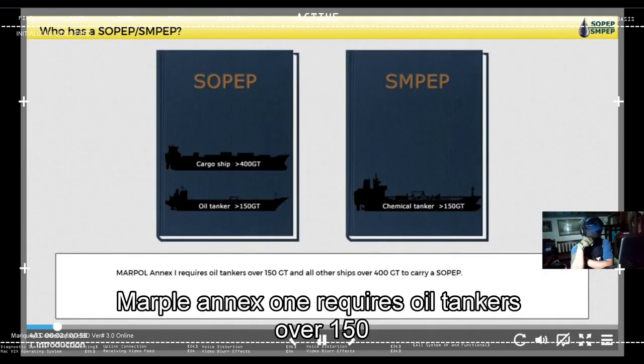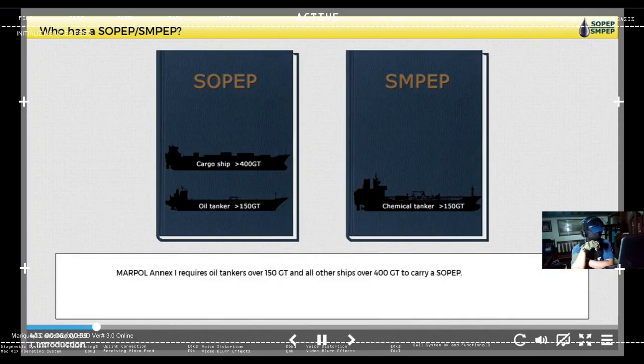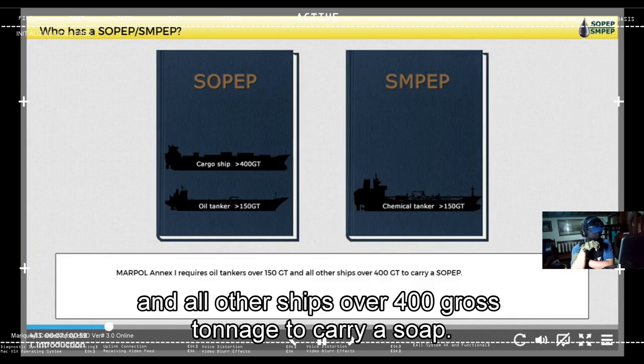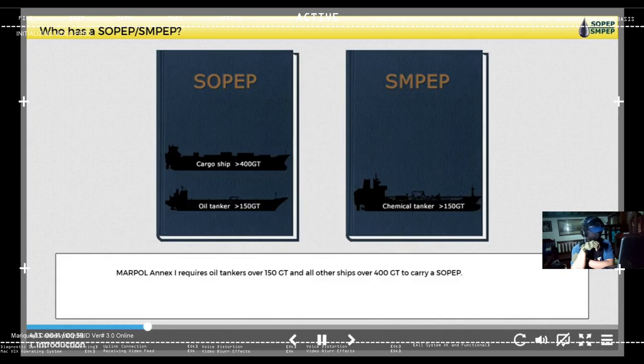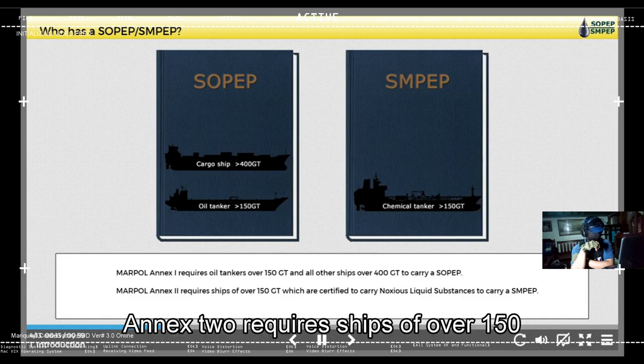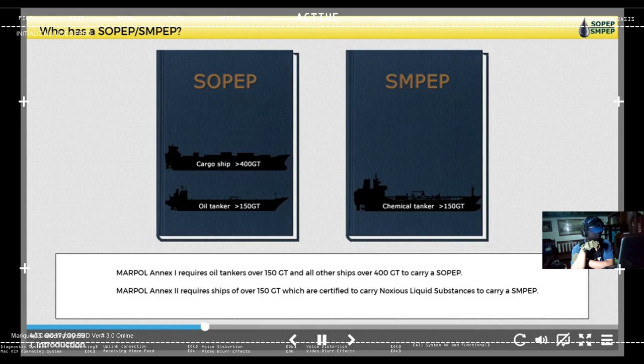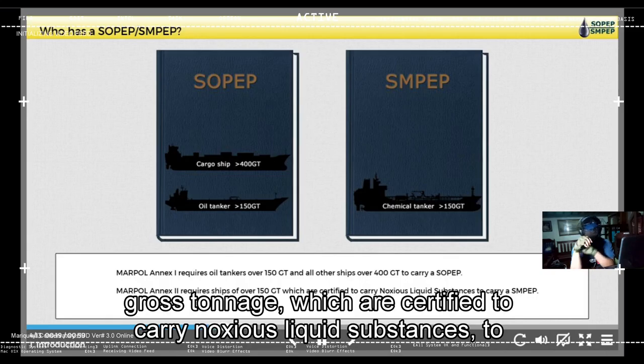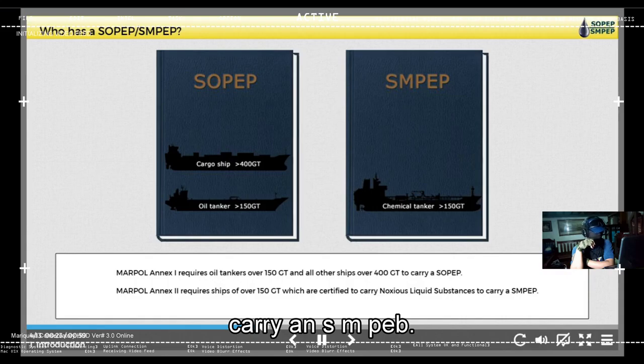MARPOL Annex 1 requires oil tankers over 150 gross tonnage and all other ships over 400 gross tonnage to carry a SOPEP. MARPOL Annex 2 requires ships of over 150 gross tonnage which are certified to carry noxious liquid substances to carry an SMPEP.